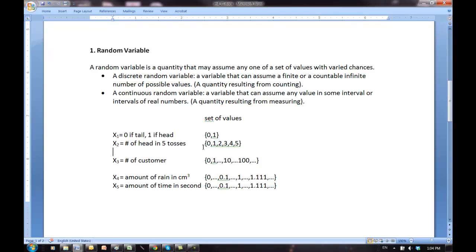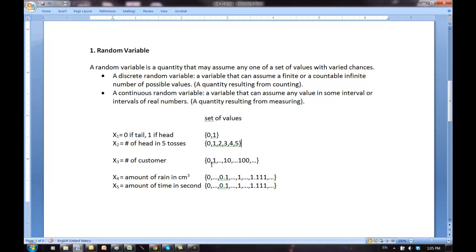For x2, the number of heads we might get in 5 consecutive tosses, the set of values will be 0, 1, 2, 3, 4, 5, meaning it's possible that we might not get any head with 5 tosses, and the maximum number of heads we can get from 5 tosses is 5.